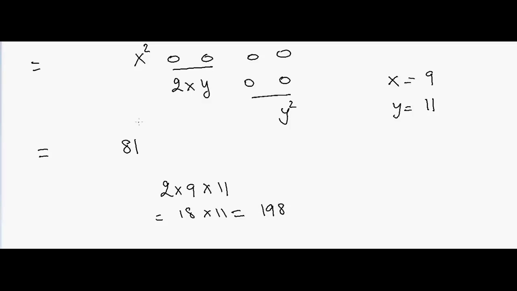So we'll have 198, and then we have y square. So 11 square is 121. So 21 and 1 here, right? So in that case the answer would be equal to 899921. So that's your answer.